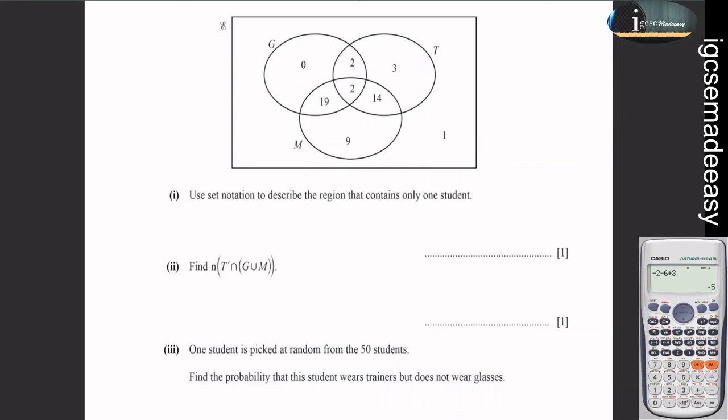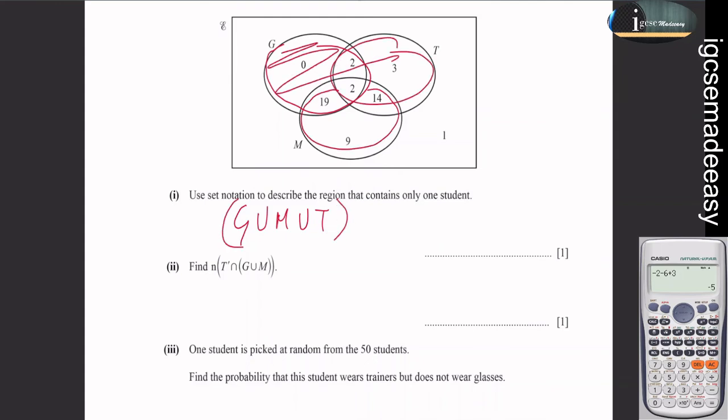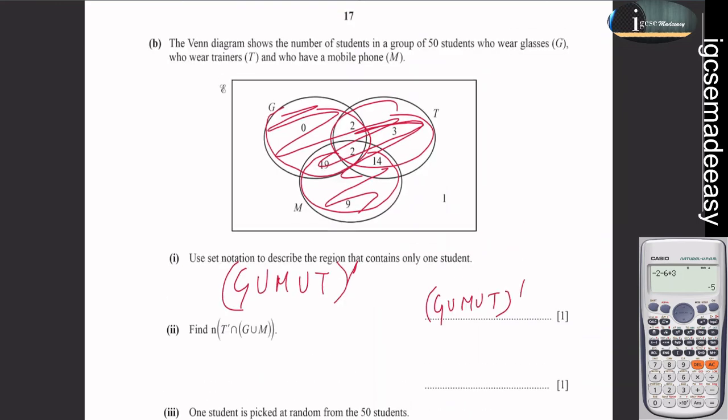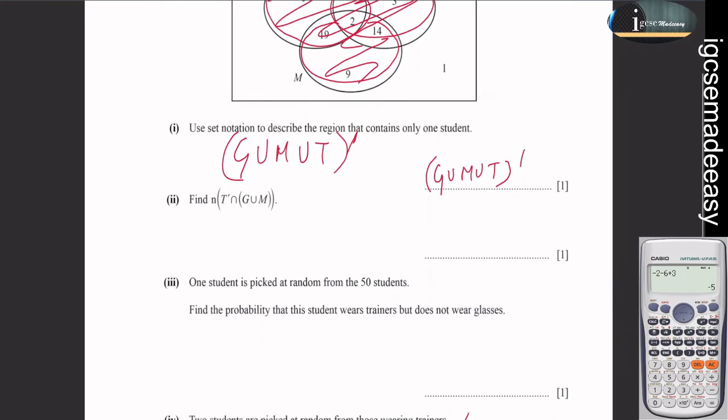We can write G union M union T. This is all inside the value, right? But if I put a dash, then it comes to the outer value, not of that. So this is the answer. G union M union T dash will represent the number 1 outside.